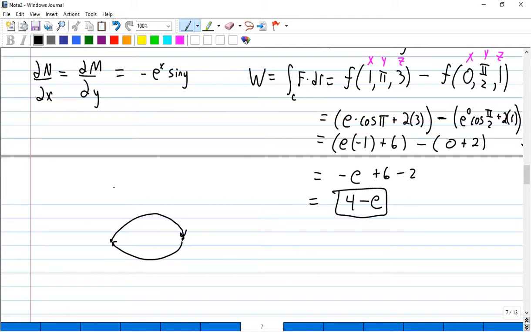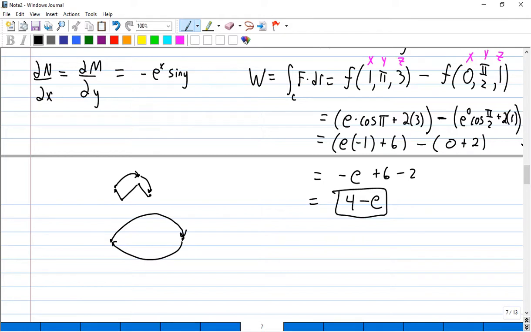Even if it went through several segments, it's still going to be 0 if it's a closed curve, if you add up all those. But you have options, is what this is trying to tell you.